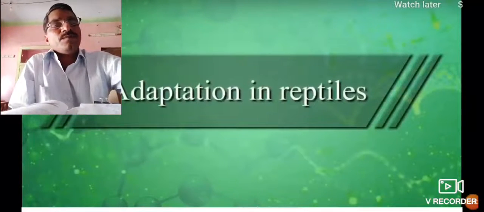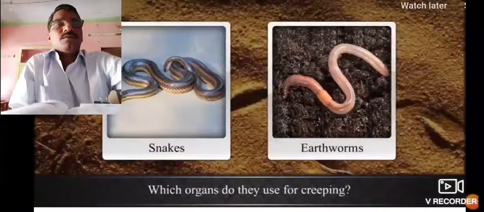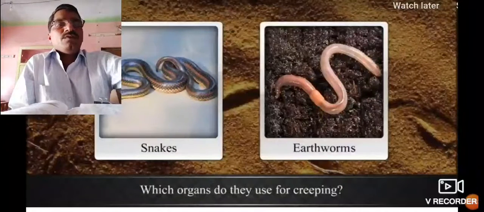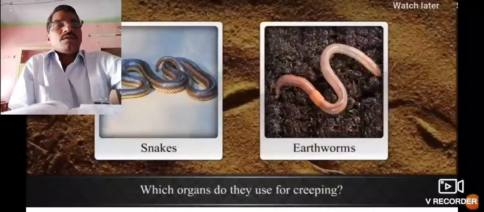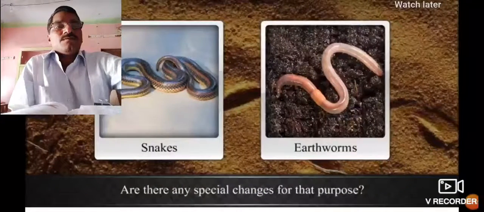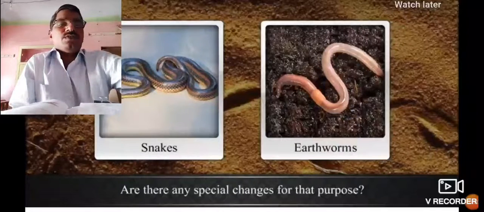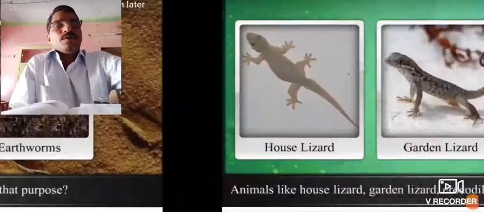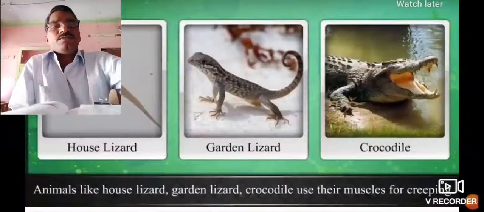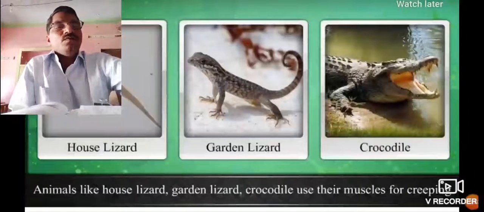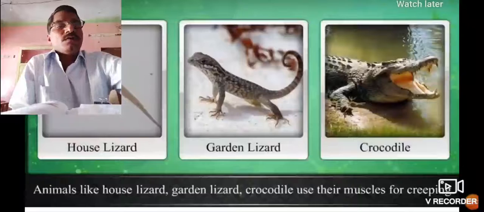Adaptation in reptiles is another point. Which organs do they use for creeping? Snakes, earthworms? Are there any special changes for that purpose? Animals like the house lizard, garden lizard and crocodile use their muscles for creeping.